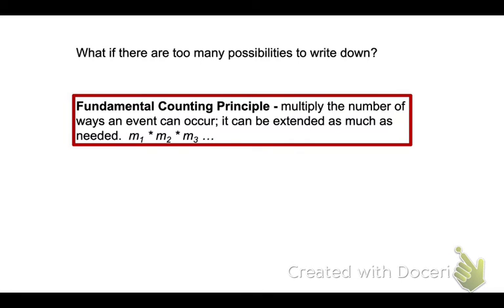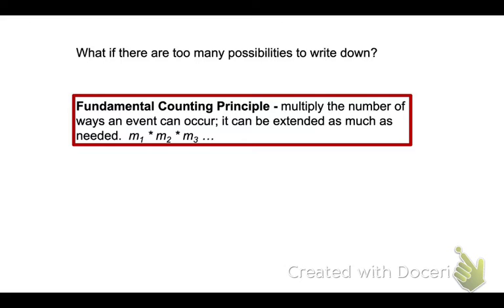Okay, what if there are too many possibilities to write down? Like we just listed them when we had 5, and it was all good, correct? But if there's too many to do that, we have the fundamental counting principle. It's multiply the number of ways an event can occur. It can be extended as much as you need to extend it. That was the 8 and 8. How many different combinations? There were 64.